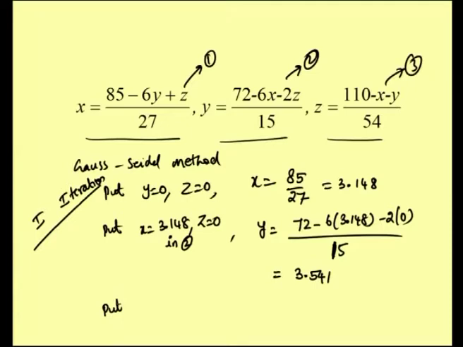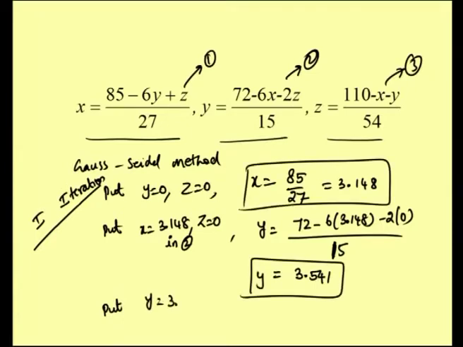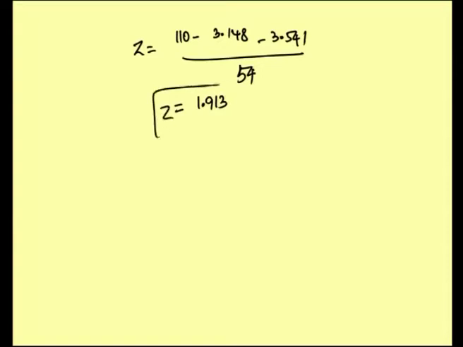And then next put y is equal to 3.541 and x is equal to 3.148 to find z in equation 3. So, z is equal to 110 minus 3.148 minus 3.541 divided by 54. Okay. And this value comes to be equal to 1.913.